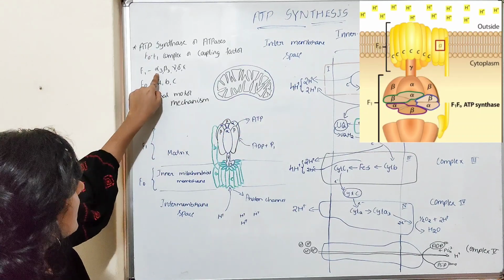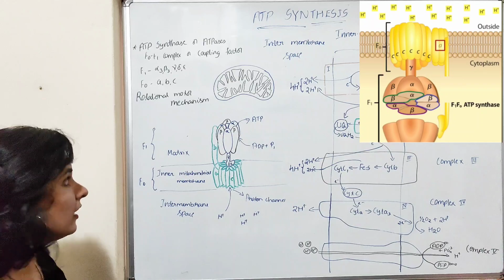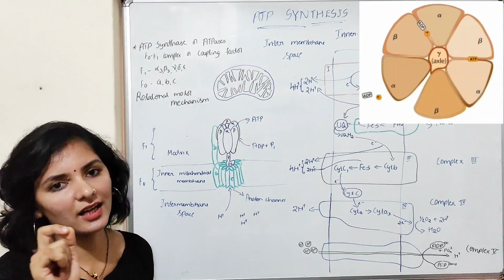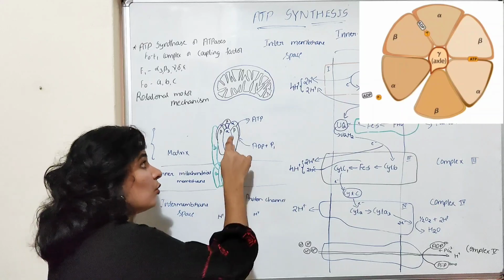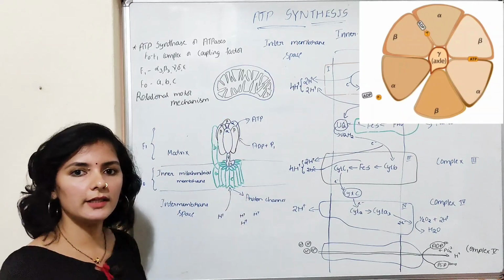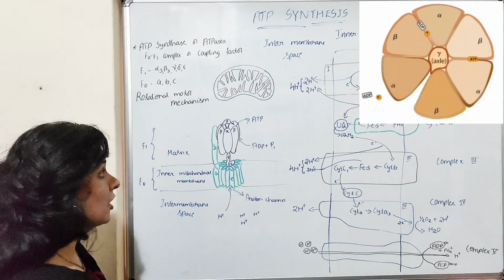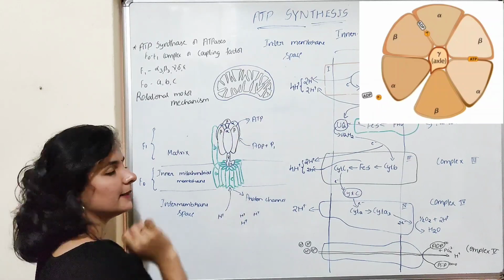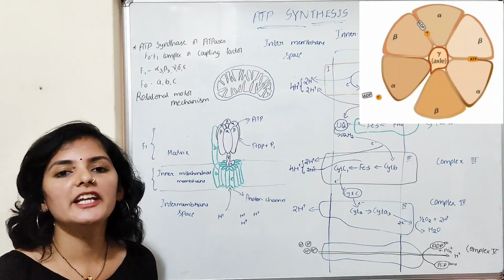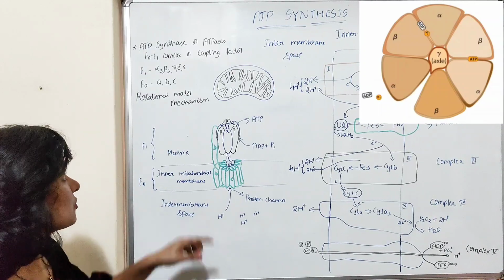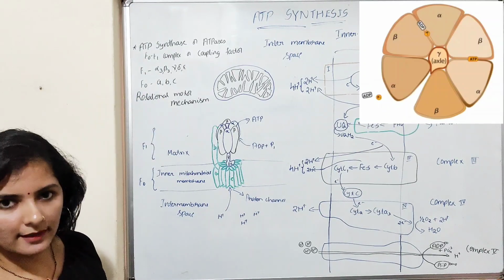Out of these 3 alpha and 3 beta subunits, it is only to the 3 beta subunits that ADP will come and bind, or it is only the 3 beta subunits which have a catalytic site for ATP synthesis. So it is only to these beta subunits that ADP binds and proceeds for ATP synthesis. So that is about the alpha and the beta subunits.